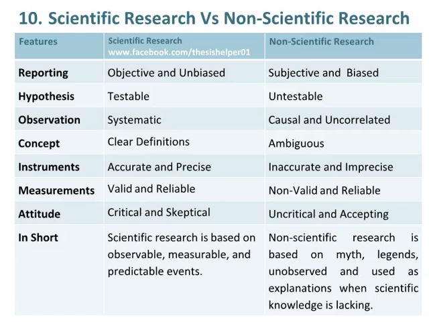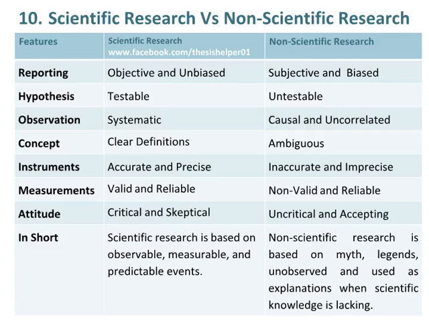Concepts in scientific research have clear definitions, whereas concepts in non-scientific research are ambiguous. Instruments in scientific research are accurate and precise, whereas instruments in non-scientific research are inaccurate and imprecise. Measurements in scientific research are valid and reliable, whereas measurements in non-scientific research are non-valid and unreliable.